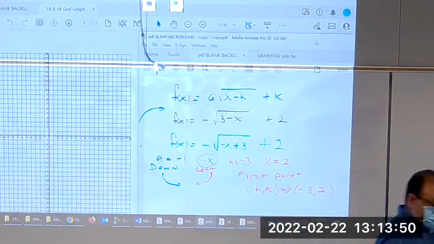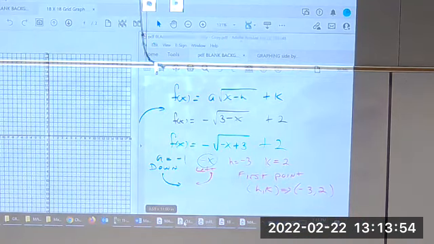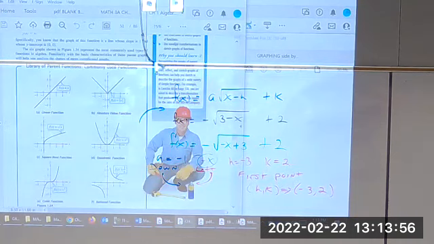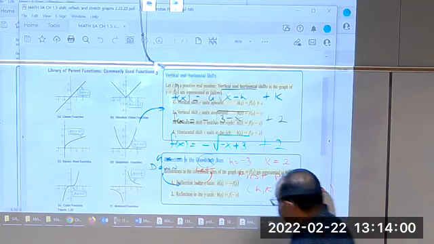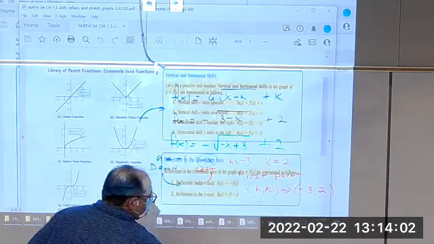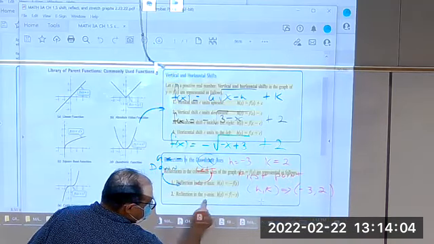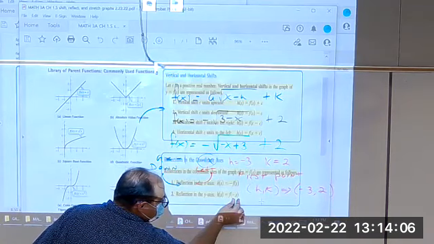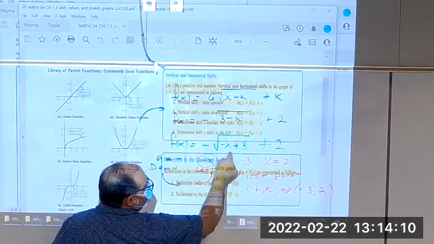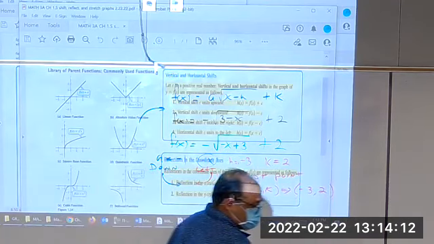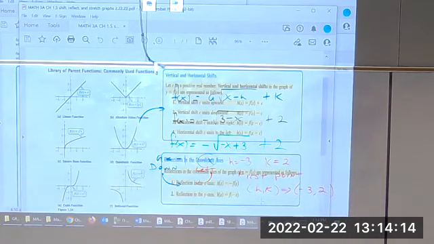I tricked myself because I didn't give myself this piece of information. So right here, f of x across the y-axis, f of the negative x. I got two terms though. I got two terms. And I should have known this because of trig.